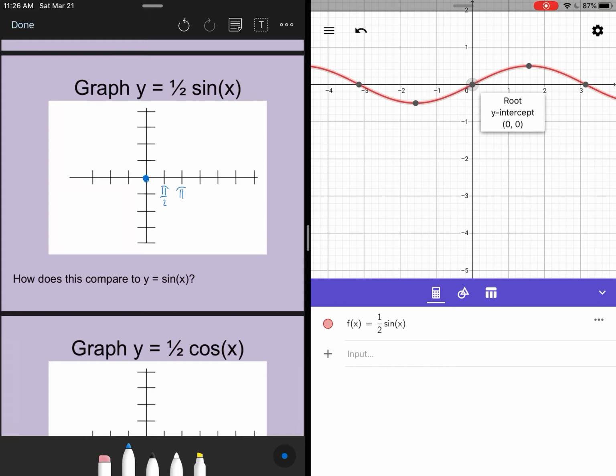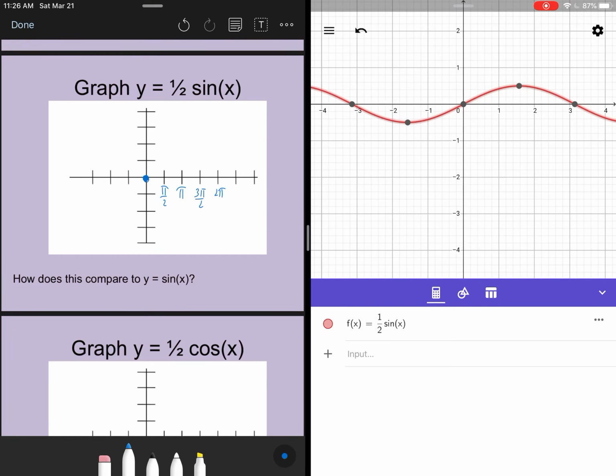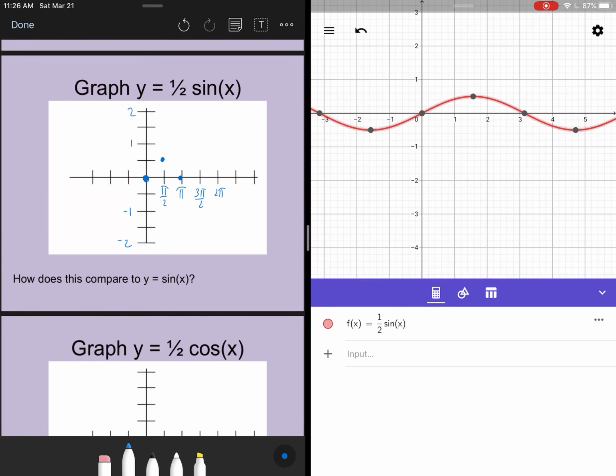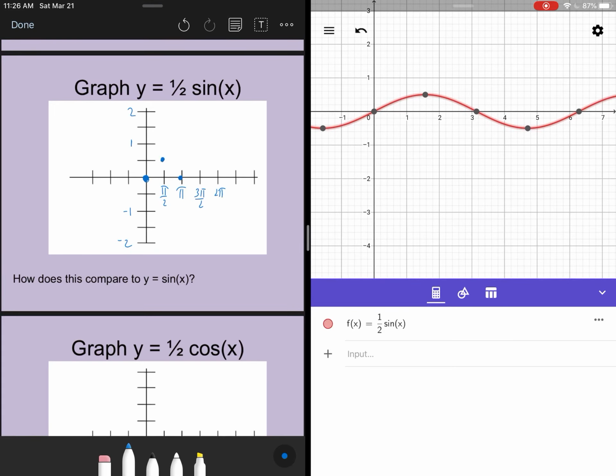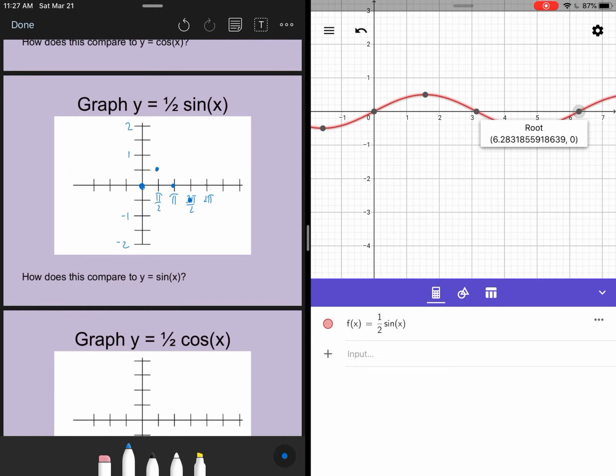Okay, when we have pi over 2, pi, 3/2 pi, and 2 pi, this is going to be 1/2. So now we're only going up to here. Pi is going to be 0. 3/2 pi is going to be -1/2, which is here. And 2 pi is going to be 0.